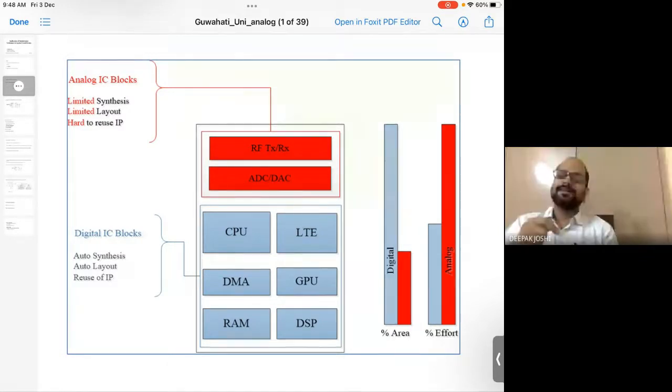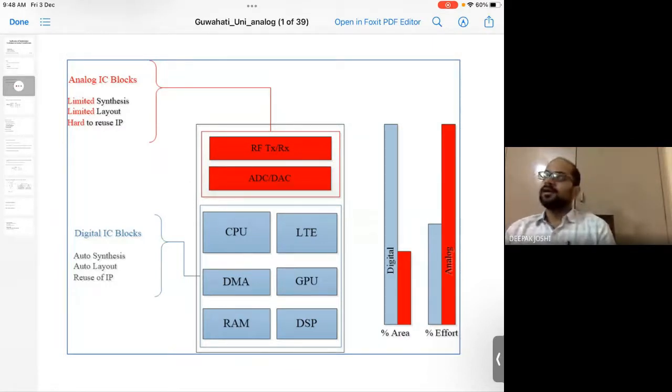Although analog circuits have something like 15 or 20 transistors, which seems very small compared to the digital counterpart, you have to design every transistor separately, whenever it is required.